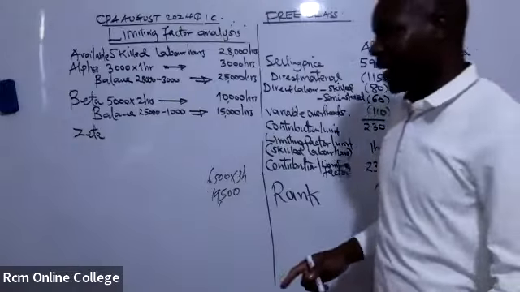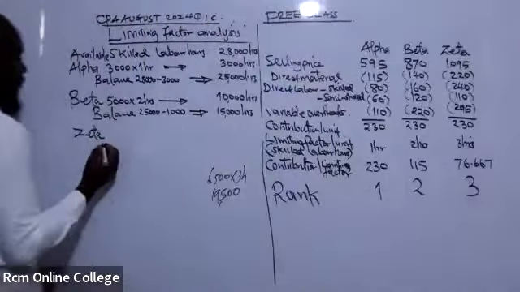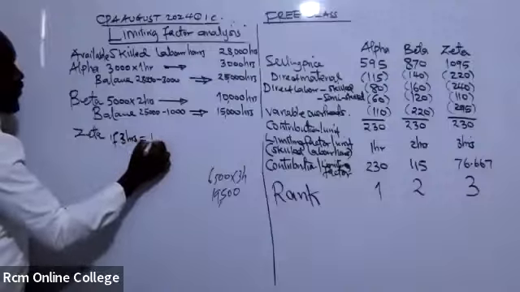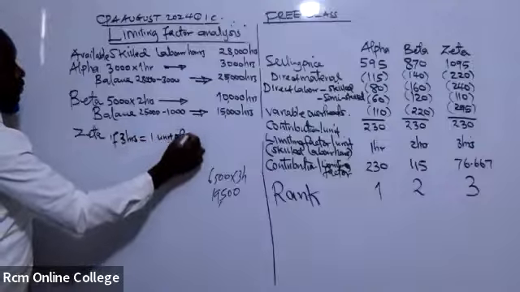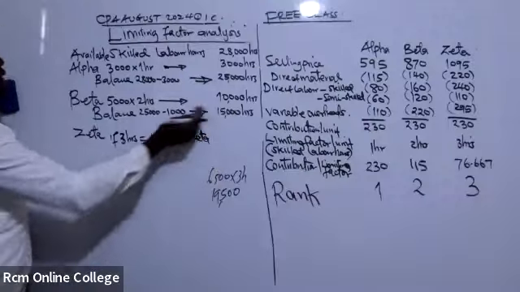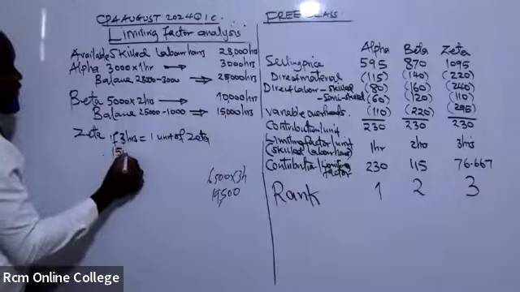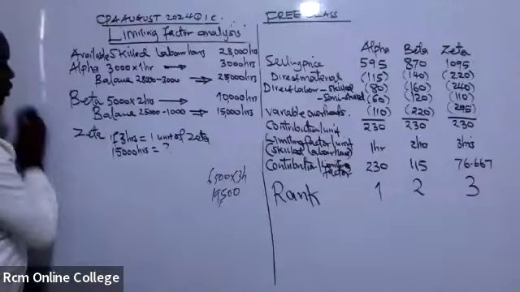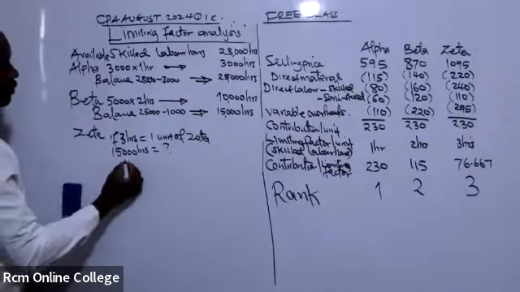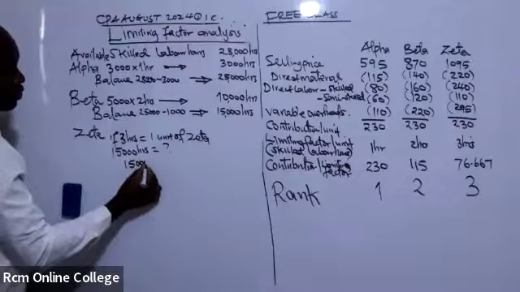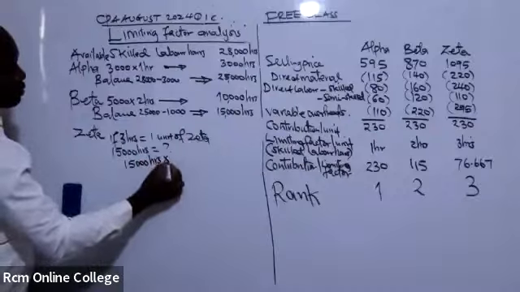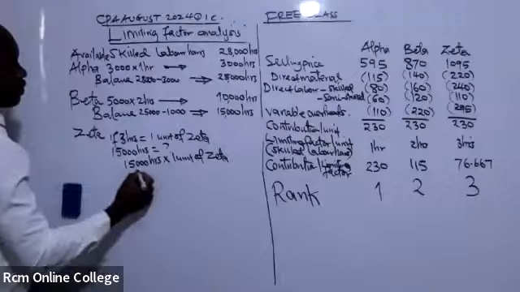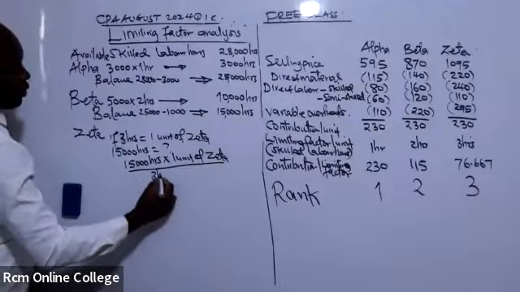How then do we work that out? I'll come here and say if 3 hours is equal to 1 unit of zeta, then now that we have only a balance of 15,000 hours, what will we have? 15,000 hours times 1 unit of zeta, we divide by 3 hours.